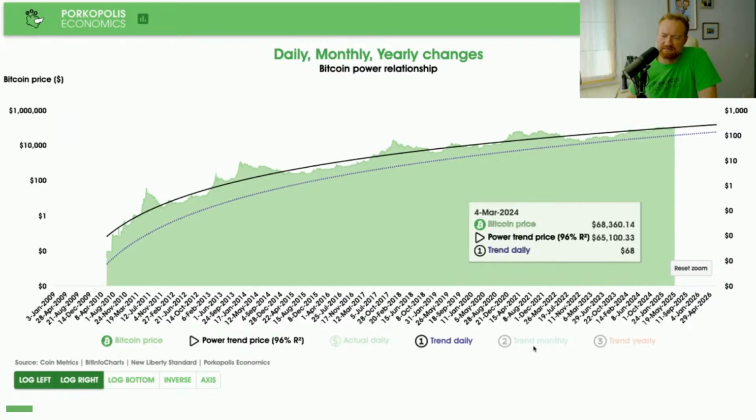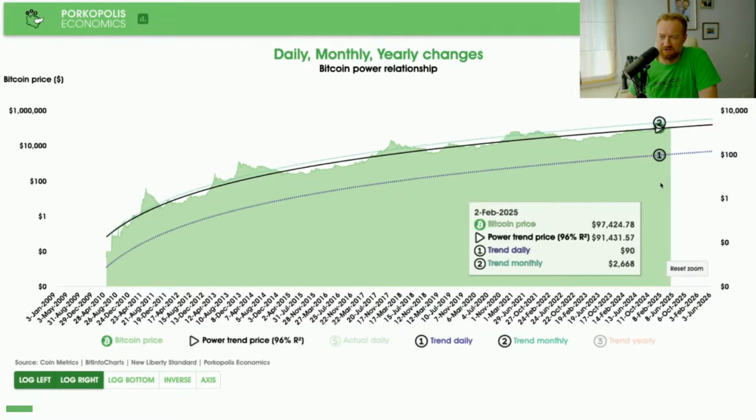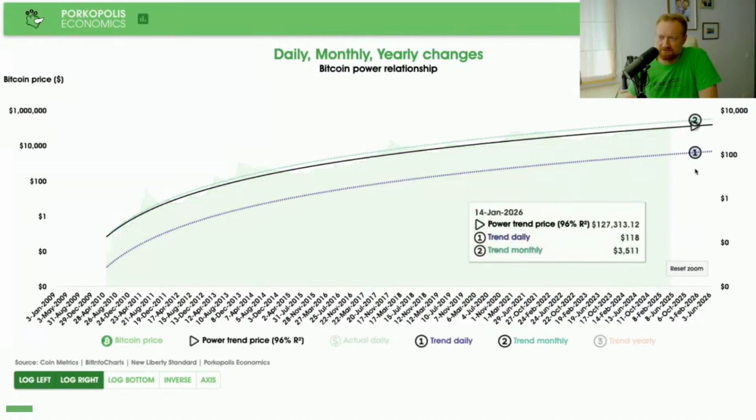Now let's look at the monthly change and see how that looks, okay? For the monthly change, well, I'll leave on the power trend, okay? So number 2 here is the monthly change. This sort of greenish, turquoise-ish line, number 2. Right now, what is it?